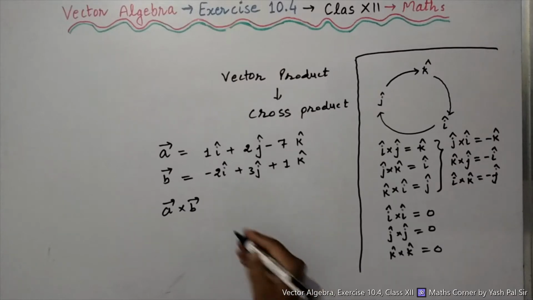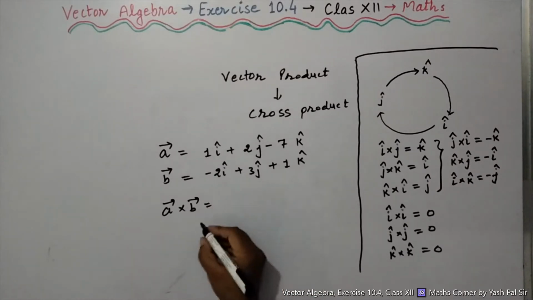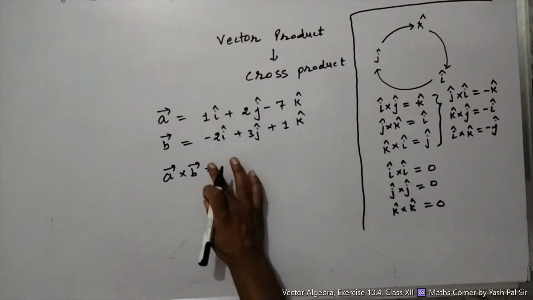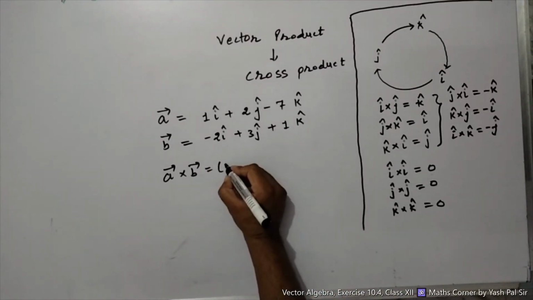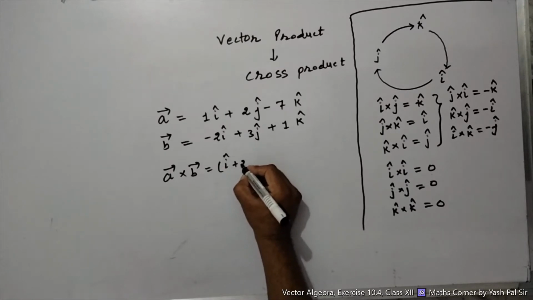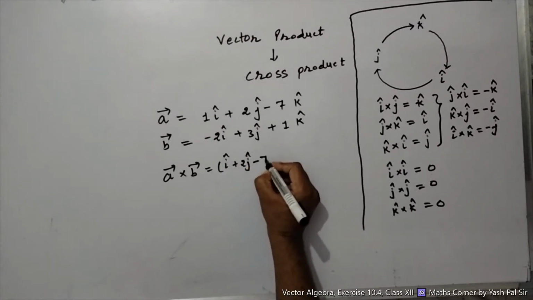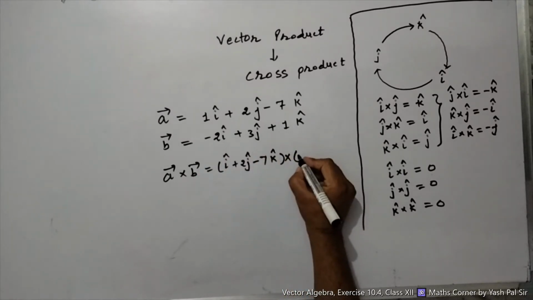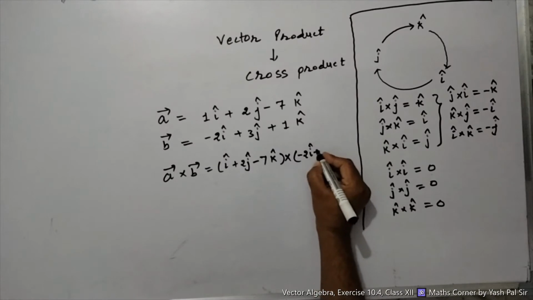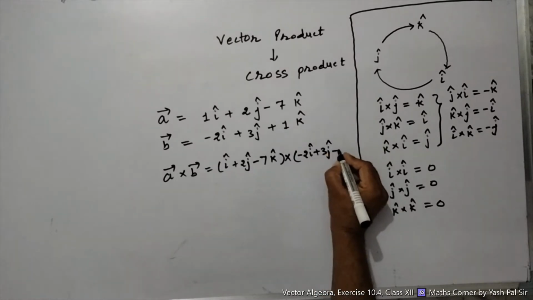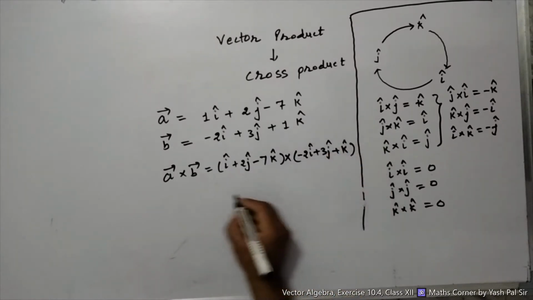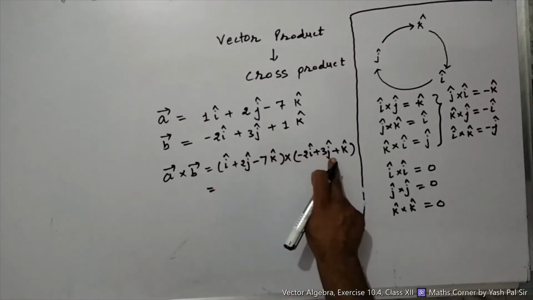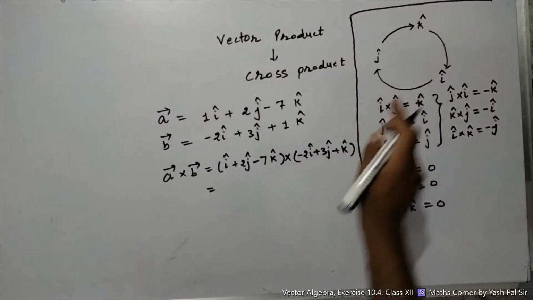So, here also we have A cross B. How do we find the product? We write A as I plus 2j minus 7k, cross product with the second vector, minus 2i plus 3j plus 1k. Right? So, I cross I is 0, I cross J becomes k.